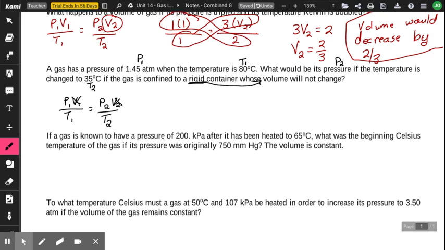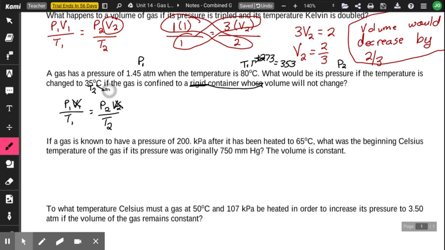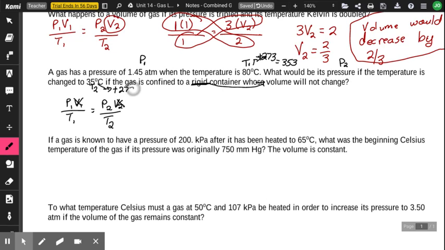So 80 plus 273 gives us 353. And 35 plus 273 gives us 308. Okay, and then we plug in our numbers.